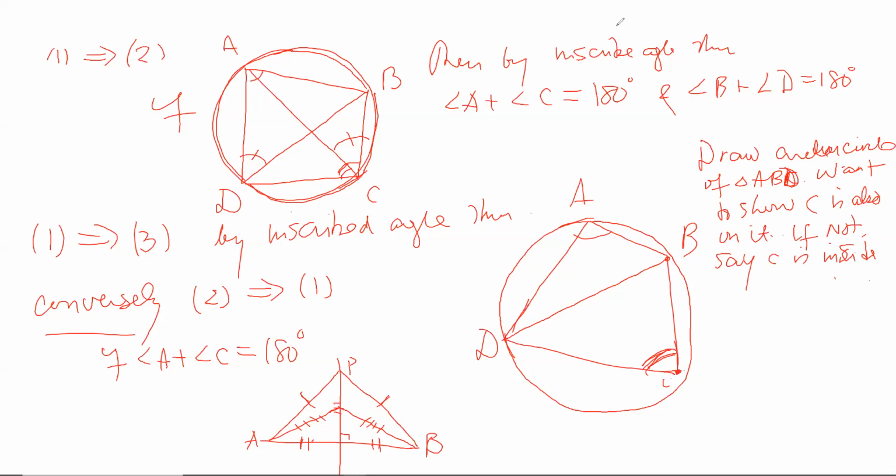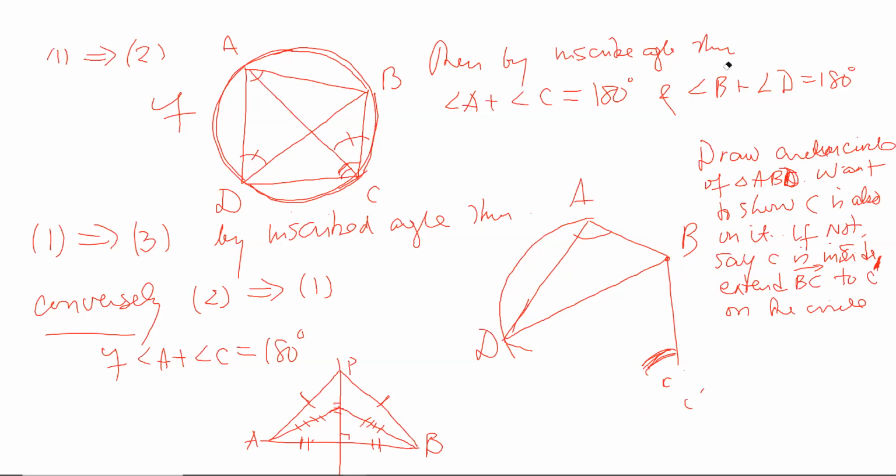Now, let's extend EC to a point C prime on the circle. Extend it to here, C prime. Then connect what? Connect, extend, sorry.